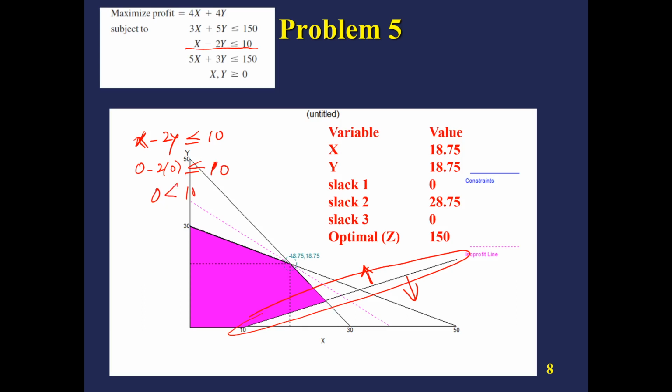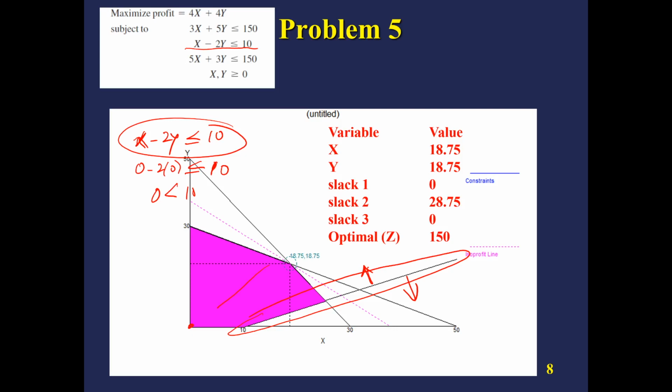So we can say that this point is in the feasible region. You can check any point, and if it satisfies this inequality, then the constraint is active on that side.